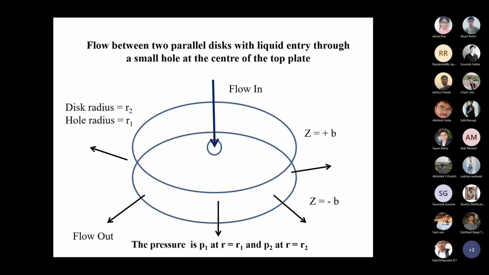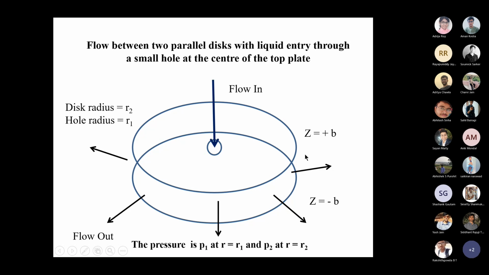I think many of you will remember this problem, where there are two disks, both stationary, separated by a distance twice b apart. z equals minus b and z equals plus b are the locations of the two disks, and there is a hole in the top disk through which some fluid comes in, and then once it enters the space between the two disks, it changes direction and moves radially outward upon the application of an imposed pressure, where the pressure is P1 at the outer periphery of the smaller hole, and it's P2 at the outer edge.